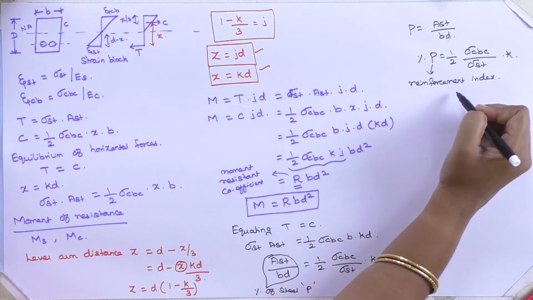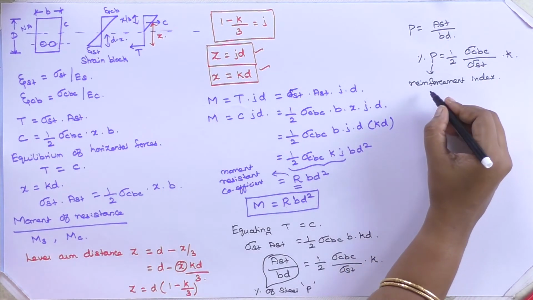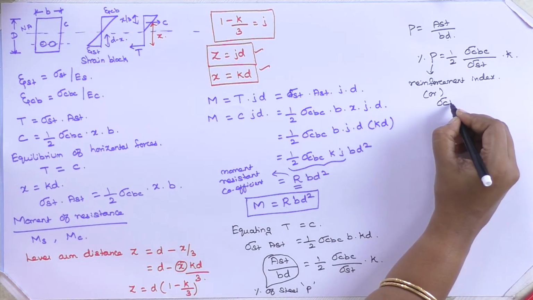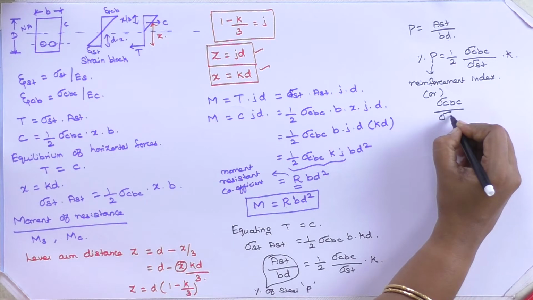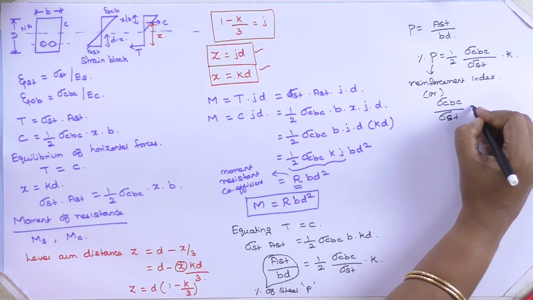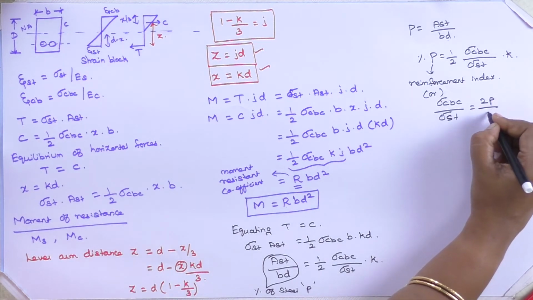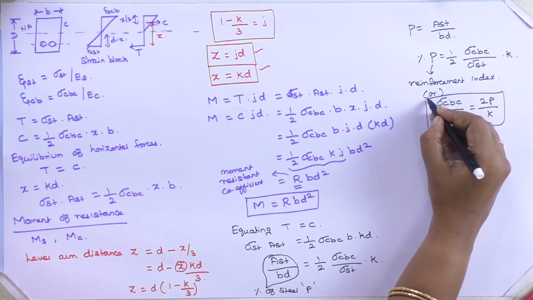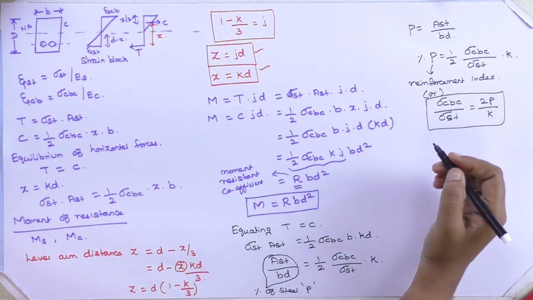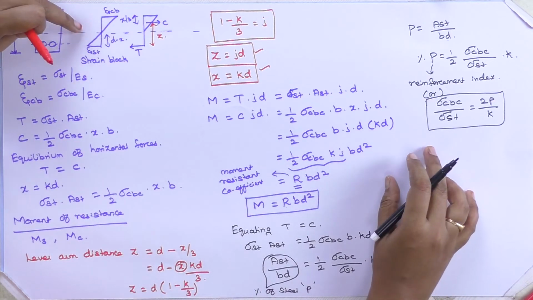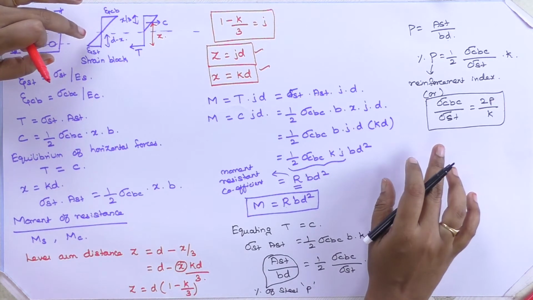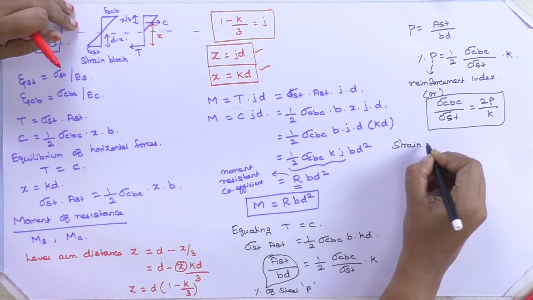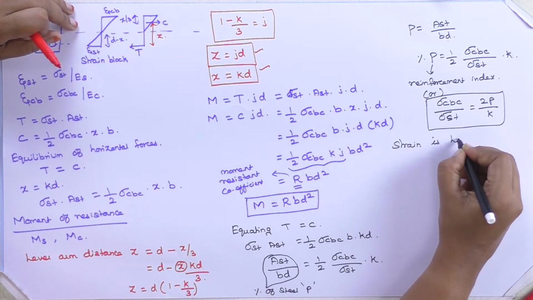This is called as reinforcement index, or we can write sigma CBC divided by sigma ST is equal to 2P divided by K. This is the next thing. Then we are telling that in working stress method the strain is linear.